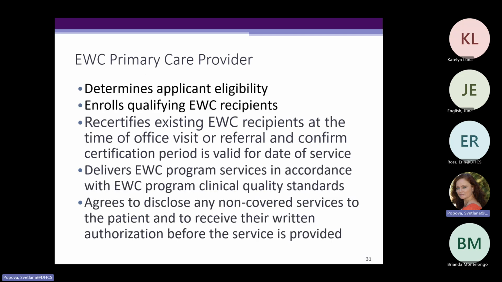So the EWC primary care provider determines applicants' eligibility. They enroll qualifying EWC recipients. They also recertify existing EWC recipients. You probably remember that our eligibility is only valid for 1 year, and patients have to be recertified.